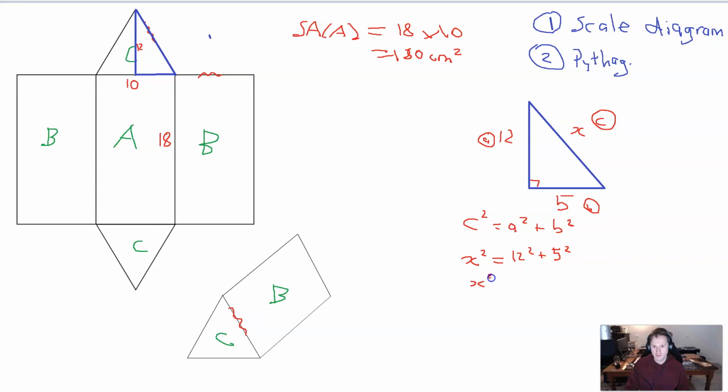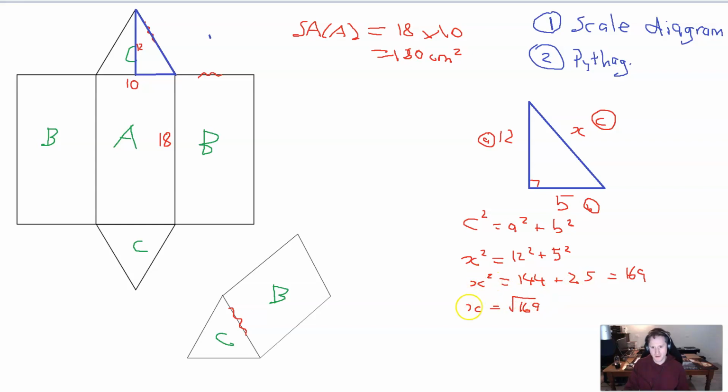So the x squared is equal to 144 plus 25, which I'll just shortcut, and that's going to be 169. So the x is going to be equal to the square root of 169, because the opposite of squaring something is square root.